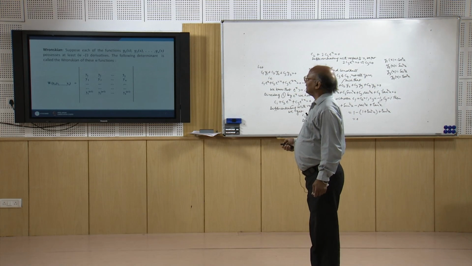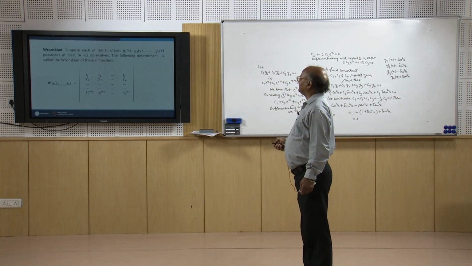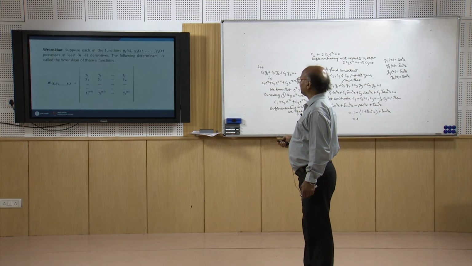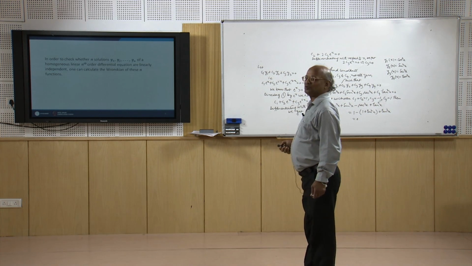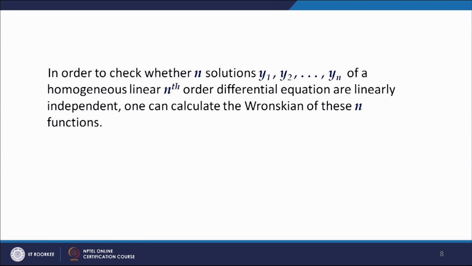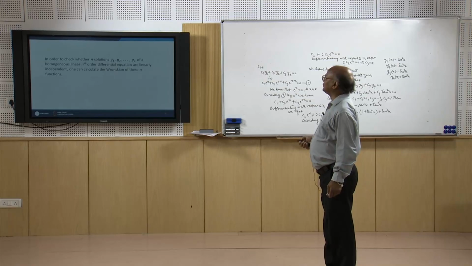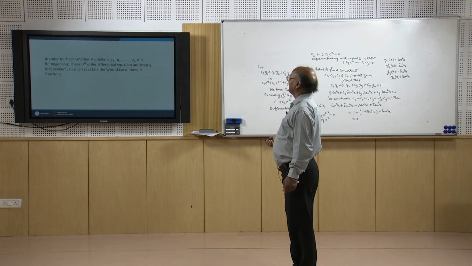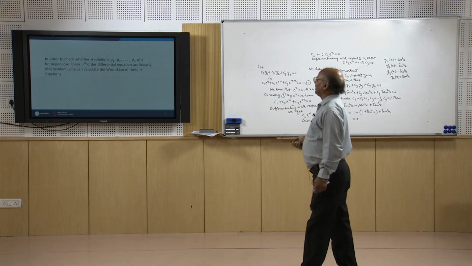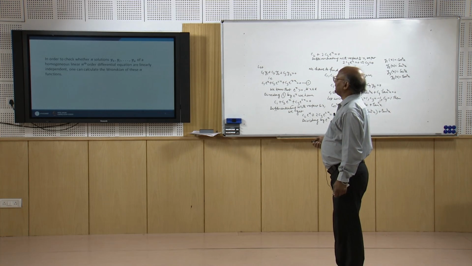We will see that in the case of n functions y1, y2, ..., yn which are solutions of the homogeneous linear nth order differential equation, they will be linearly independent if and only if the Wronskian of these n functions is not equal to 0 on the interval I. So it is easy to check the value of the Wronskian of the n solutions of the nth order linear differential equation to decide whether they are linearly dependent or independent.